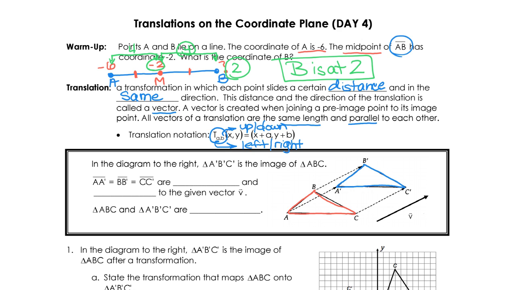Once it's slid to the right and up, if you look at these little line segments that connect your pre-image letter of A to the image letter A prime, and the same thing with B and B prime and C and C prime. And because we slid in that direction, there's little arrows there, okay, which makes those look like rays. But the arrow is just pointing the direction of the slide. All right. And those little yellow line segments with arrows on them, those are called vectors.